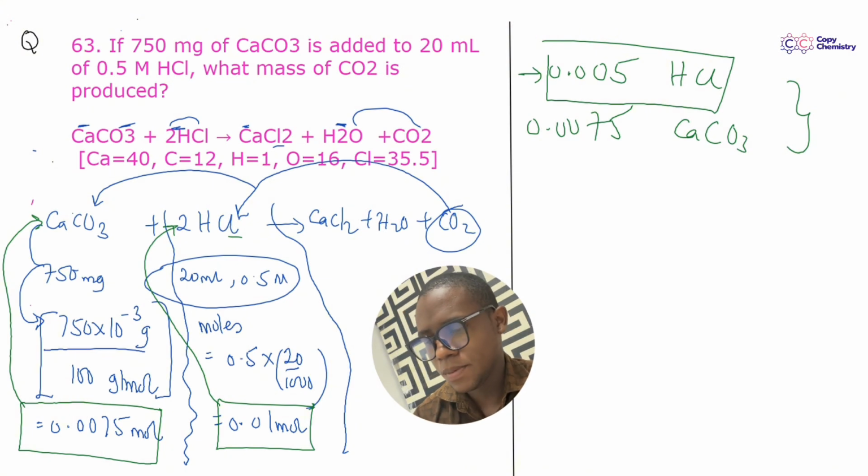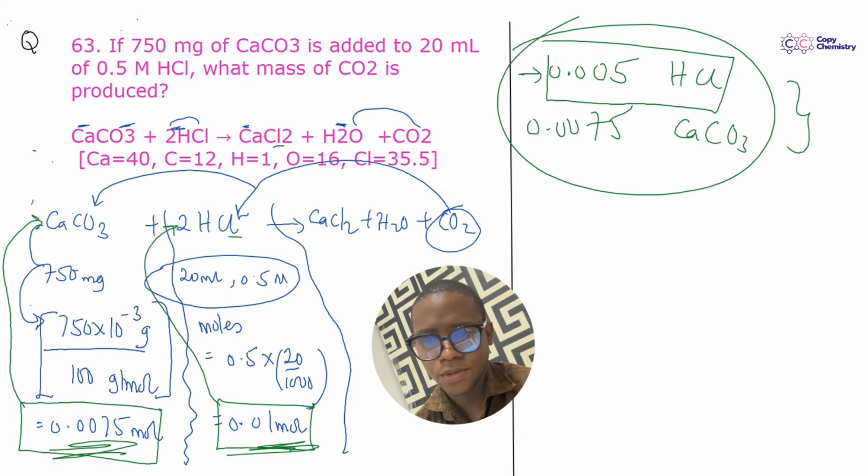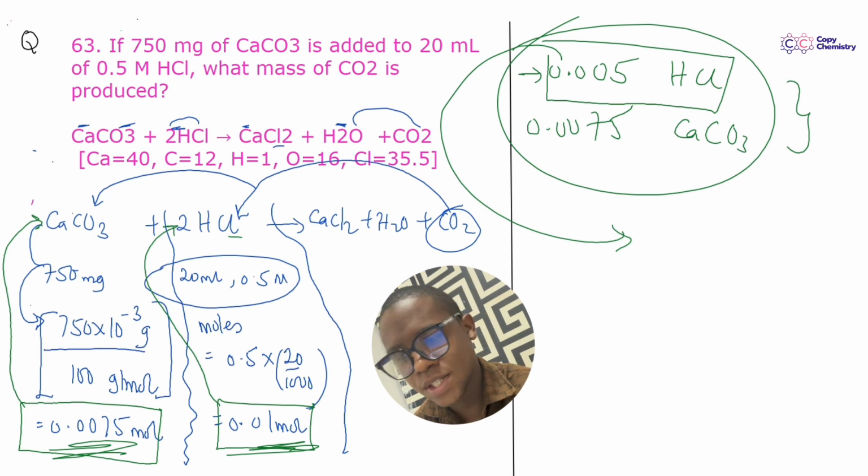It might not be so obvious here because this is 0.0075 and this is 0.01. So you don't judge by the number of moles. You judge by this ratio. So go ahead and divide it by the stoichiometric coefficient, then get the ratio, then judge. So our answer is that HCl is our limiting reagent.